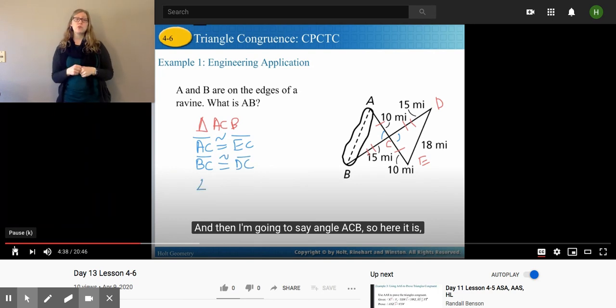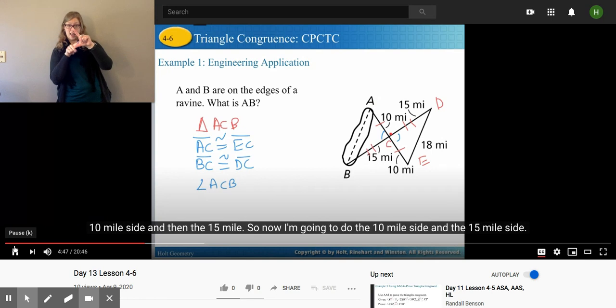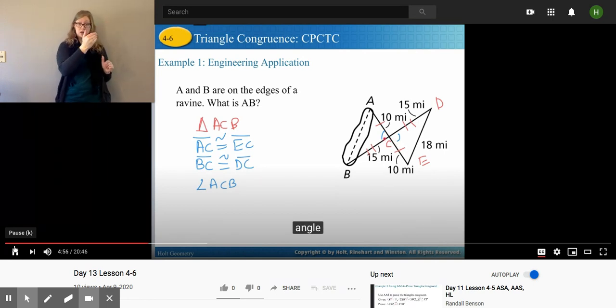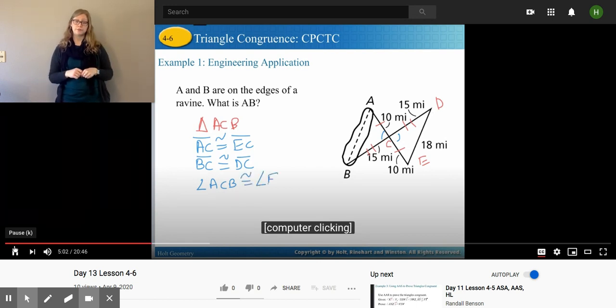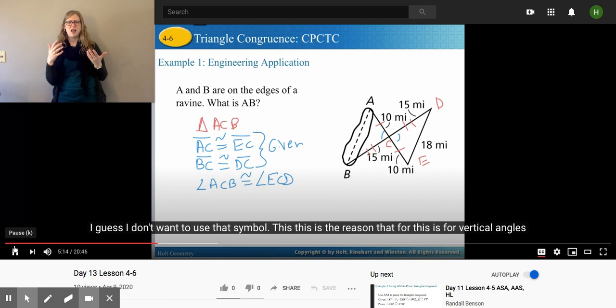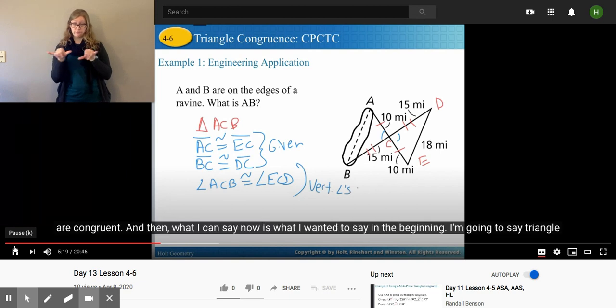And then I'm going to say angle ACB is going to be congruent to angle ECD. And so the first two were given. The reason for this one is vertical angles are congruent.